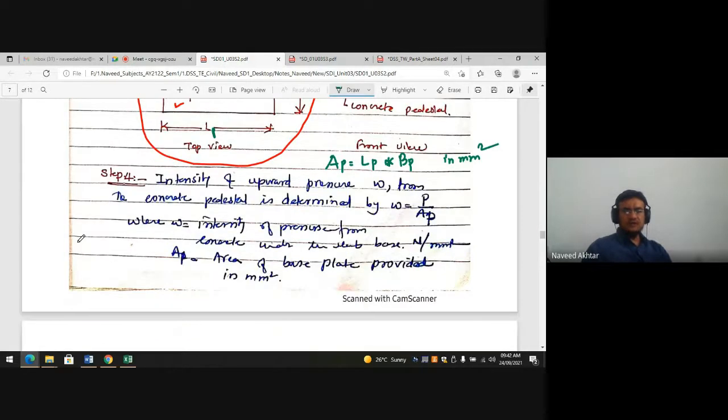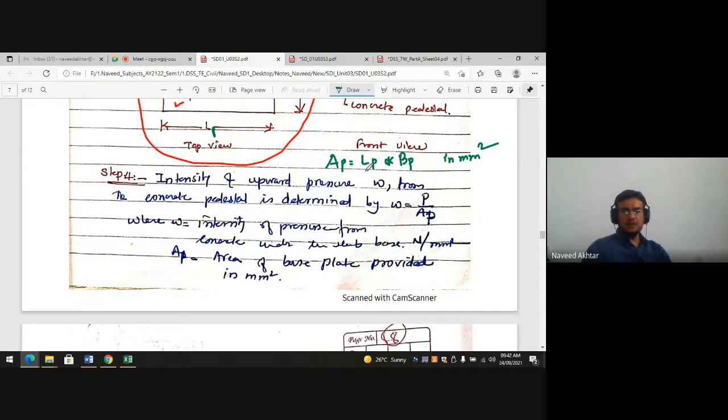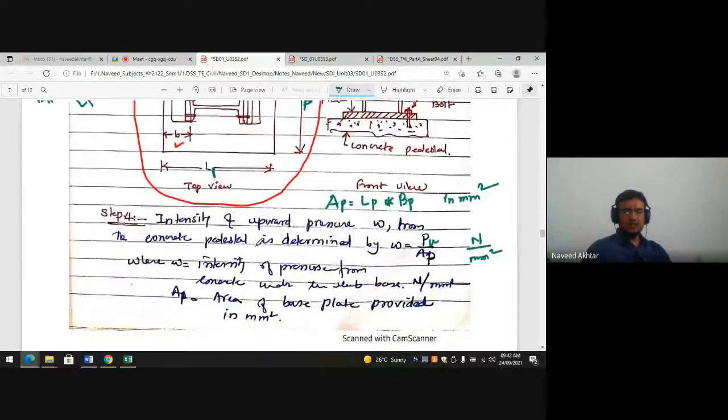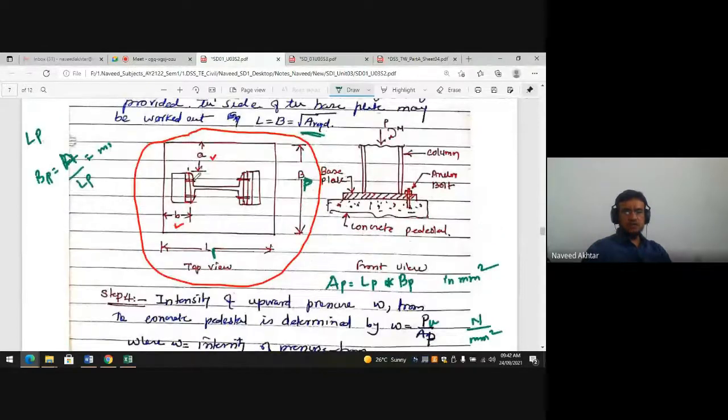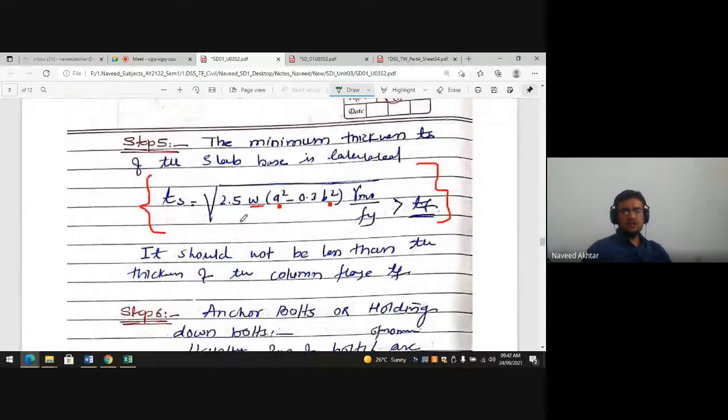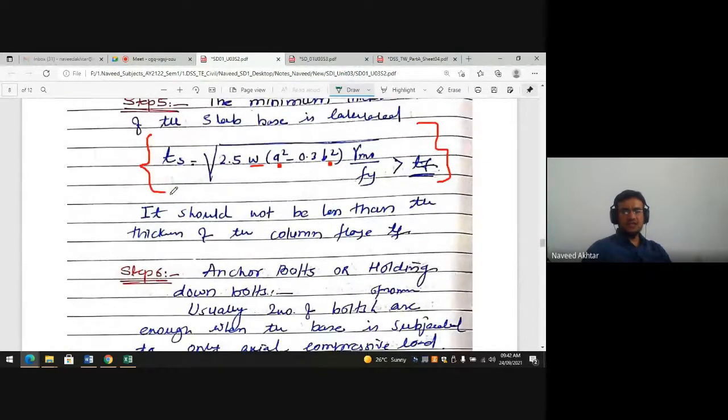Now you can find out the intensity of upward pressure W. This W is nothing but factored load upon area provided. You will get this pressure W in Newton per mm square. Now put this value, because you know the larger projection A and the smaller projection B. Put the values of A and B, and you will get the thickness of plate required.